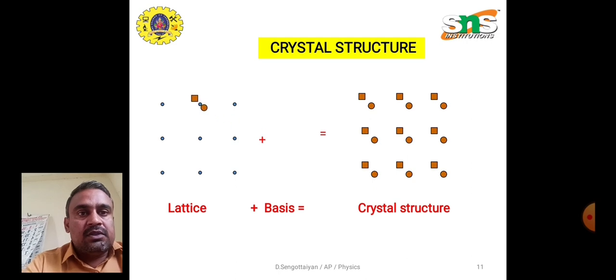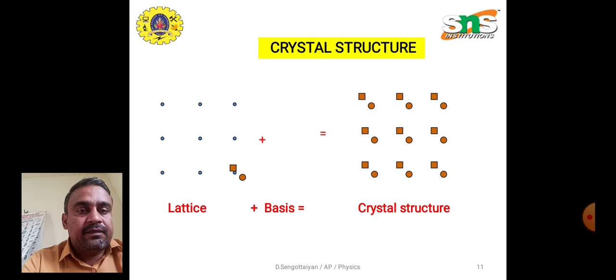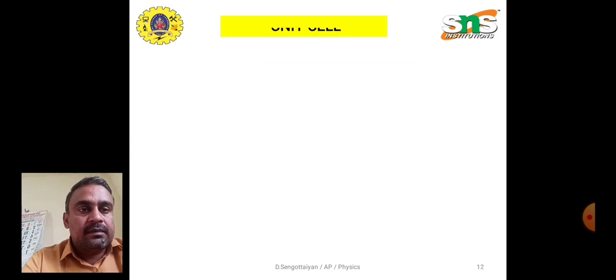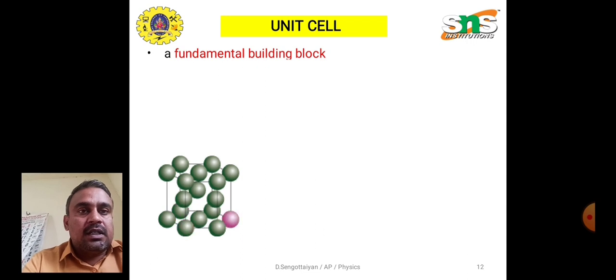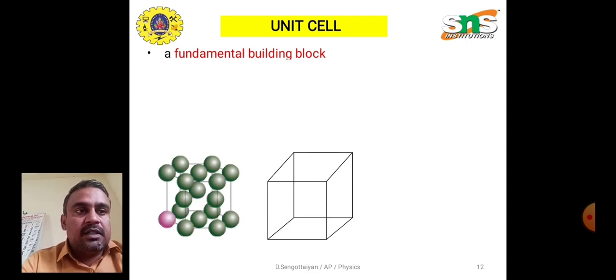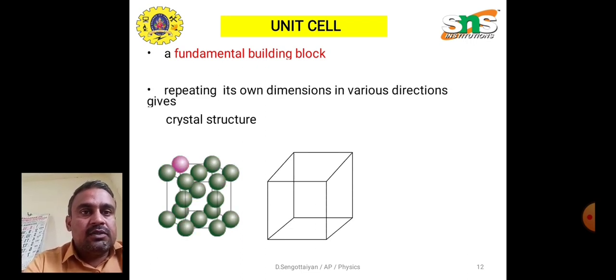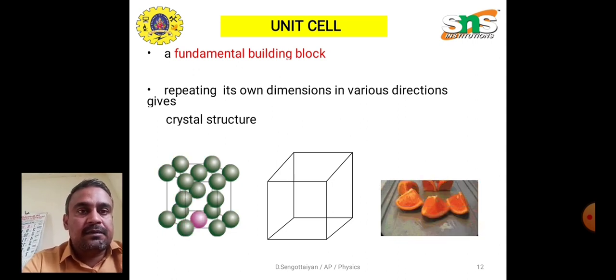The diagram shows the crystal structure, lattice point, and basis. Finally, the unit cell is the fundamental building block in 3 dimensions. Repeating it in various directions gives the crystal structure.